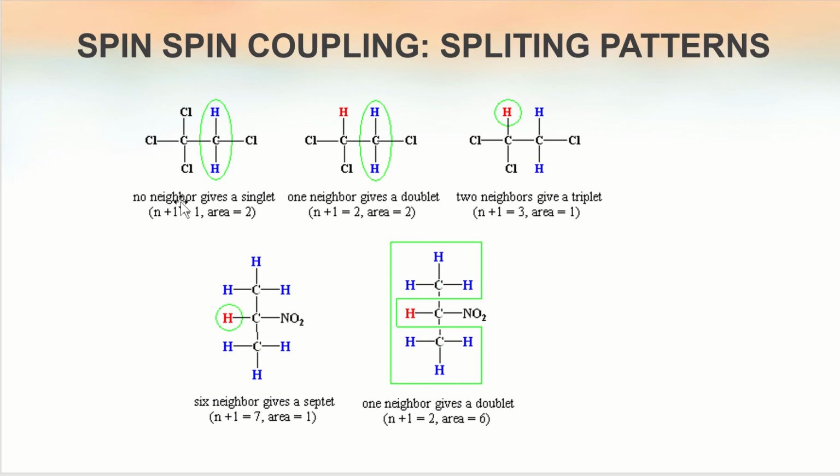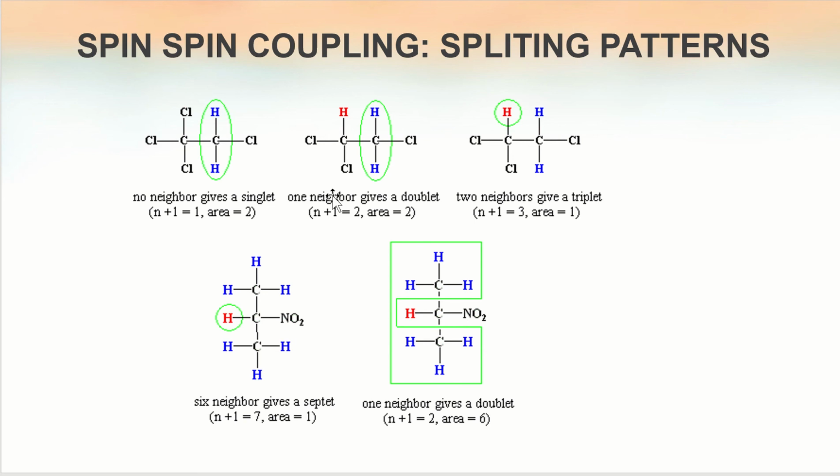So no neighbor gives a singlet. N plus 1 is equal to 1 because n is 0. The area or the integration under that peak would be equal to 2 because it represents 2 protons.